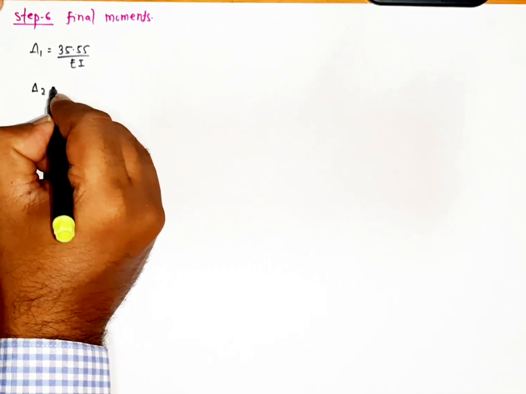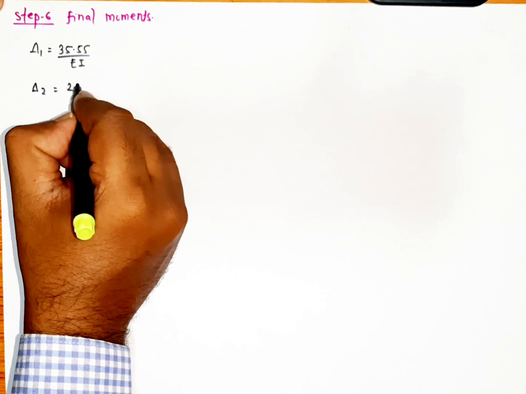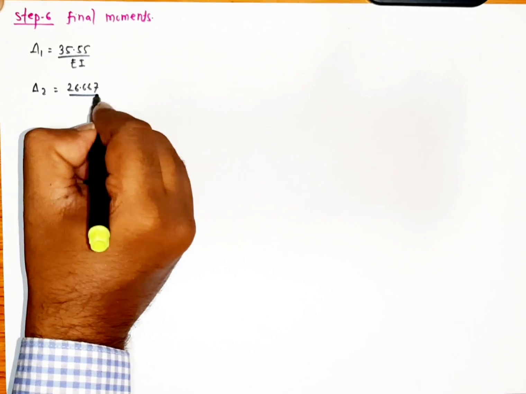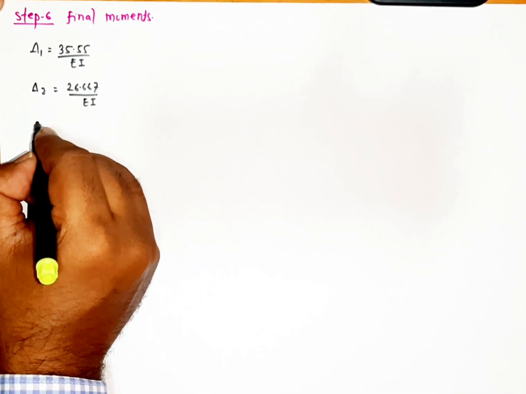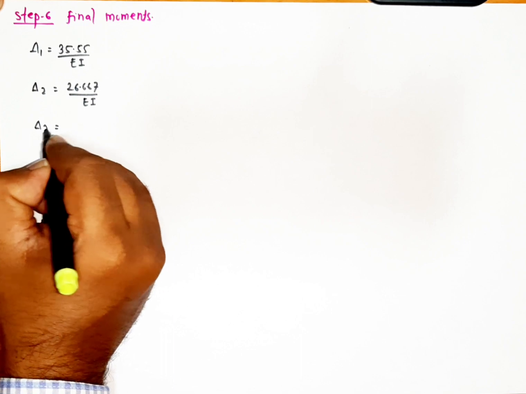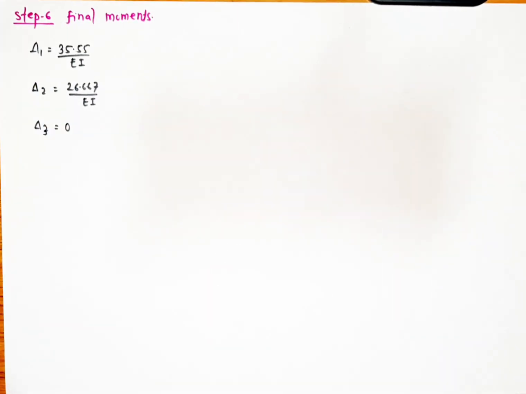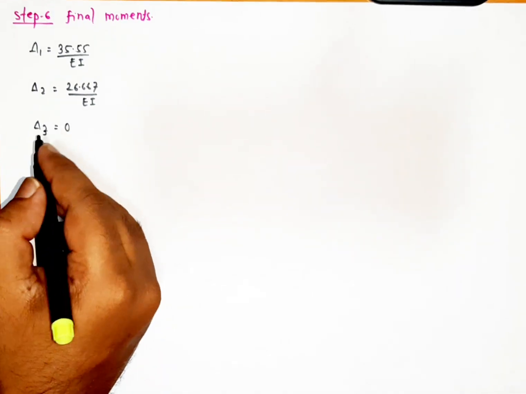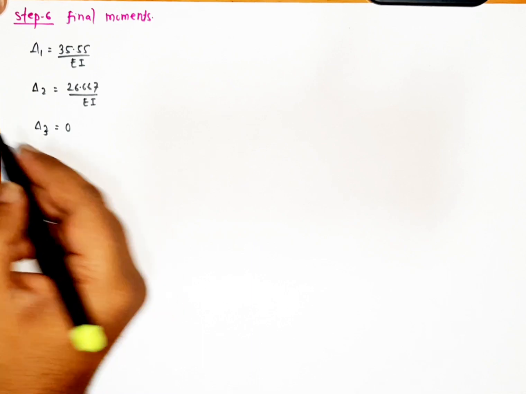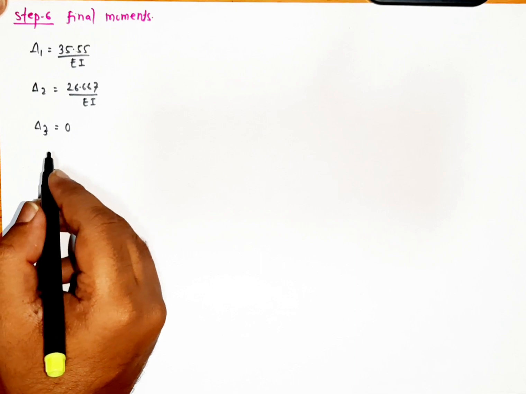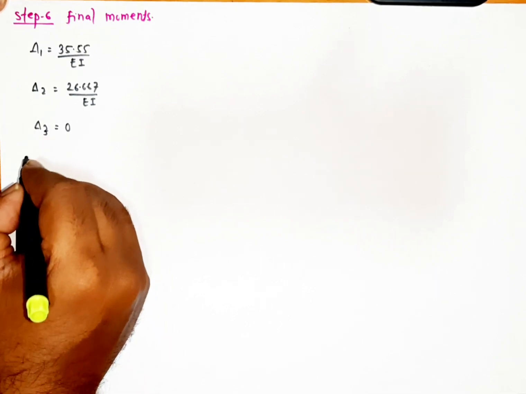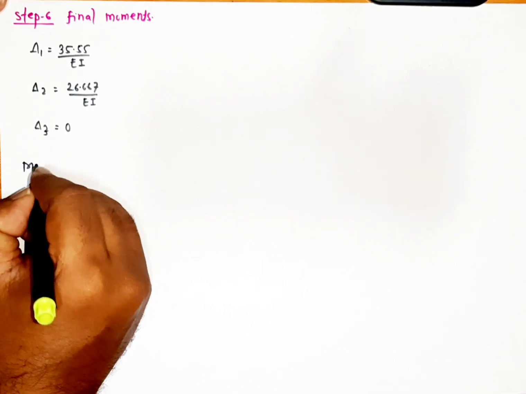Then delta 2 is equal to 26.667 upon EI, which is theta B, and our delta 3 is 0, that is theta C is 0. So now next we will find out the values for MAB. Here there are no fixed end moments for AB and BA, again CD and DC. So now let us solve for MAB.